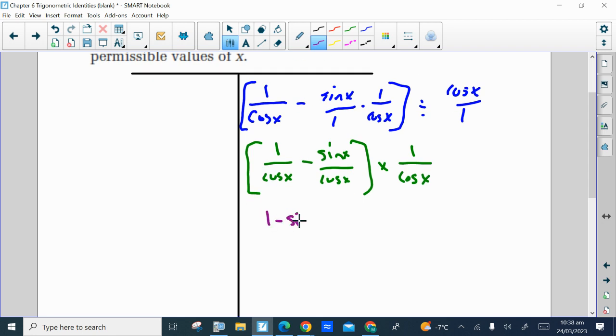So it's going to be 1 minus sine x all over cosine of x, times 1 over cos x, which I can multiply top times top, bottom times bottom. And I'm going to get cos squared x on the bottom. Cos x times cos x is cosine of x all squared, which is cos squared x.